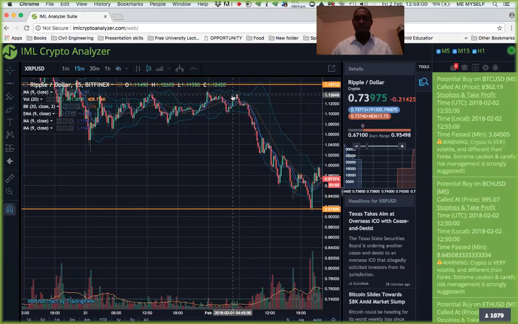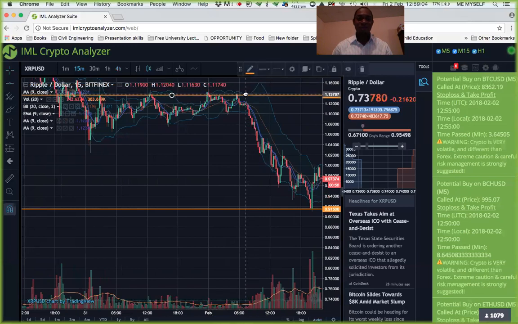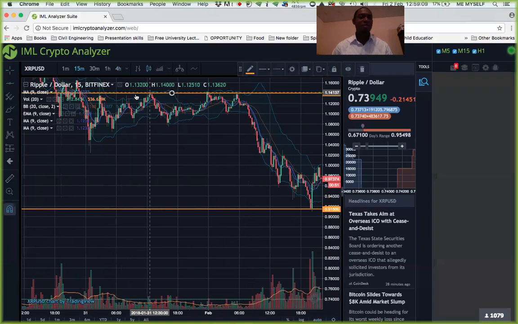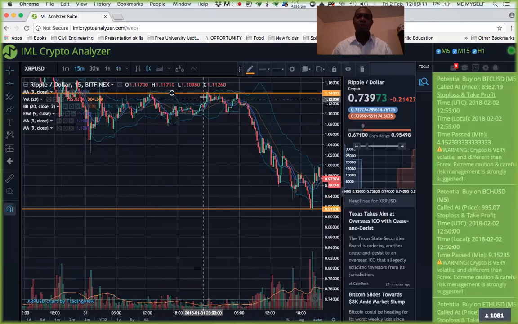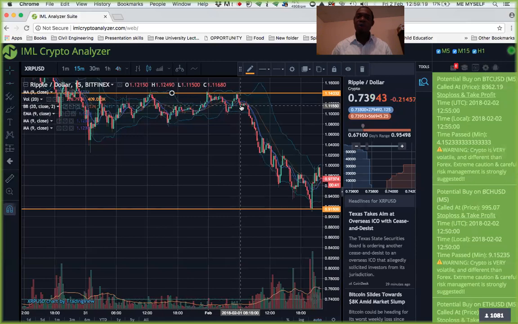The price would have come up and tested an area. It tested this support line 1, 2, 3, 4 times. Didn't break it. Then it began to drop. The price closed below this moving average line.